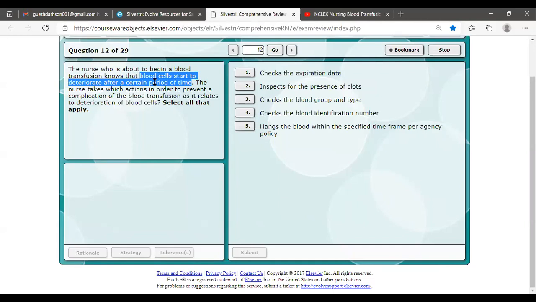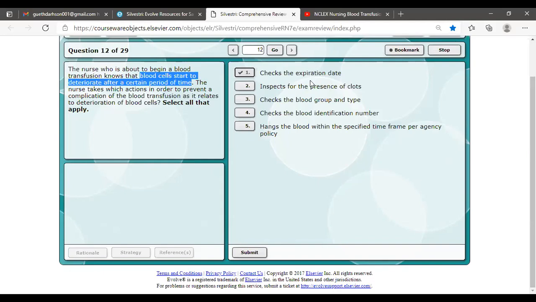They said select all that apply related to deterioration of blood cells. Like number 1 said, check the expiration date. Definitely it is. When you get the blood bag from the blood bank, two RNs have to check it. First I will check, then another RN does the cross checking for confirmation.